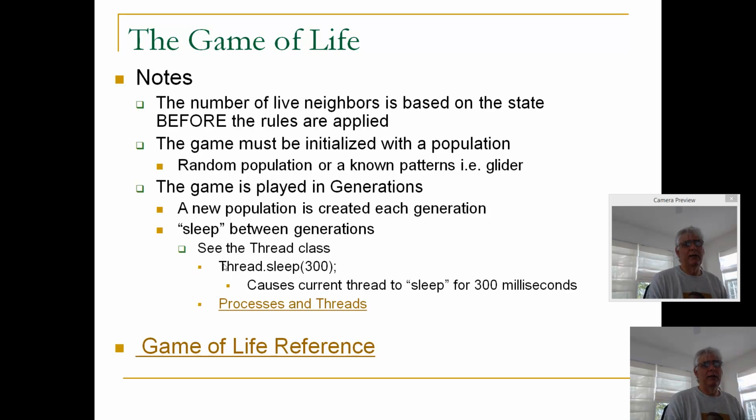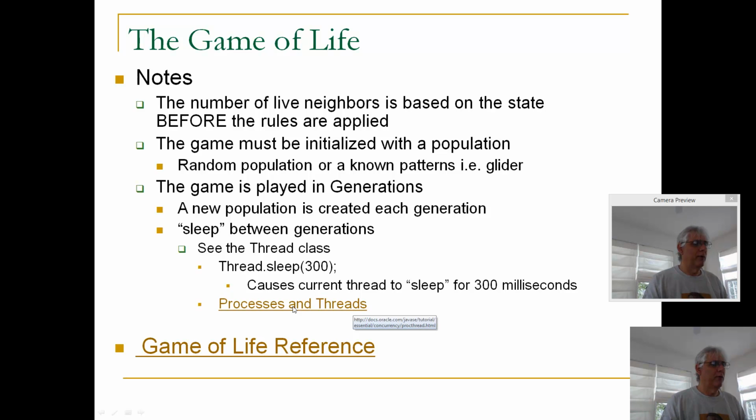The argument is a number in milliseconds, so this will cause your thread to go dormant for 300 milliseconds. You shouldn't use a literal number like this. Use this as a parameter that's set via the UI and propagated in. Give the user the ability to vary this sleep time between generations.